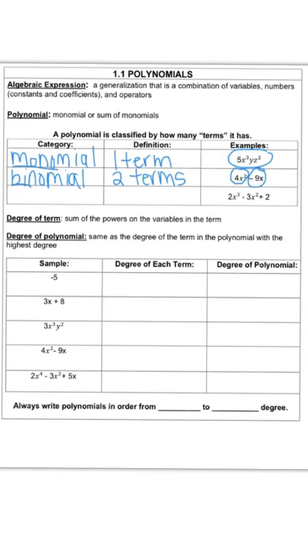Let's move on to trinomials. The prefix is tri. So a tricycle has three wheels, so a trinomial has three terms.